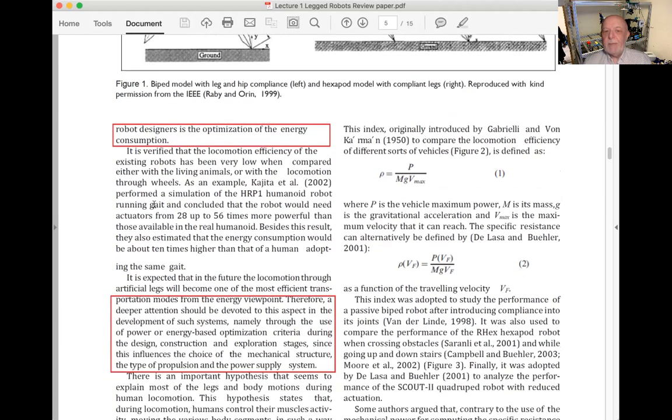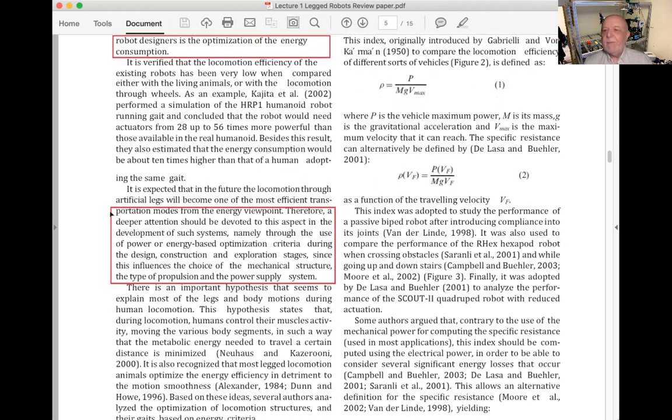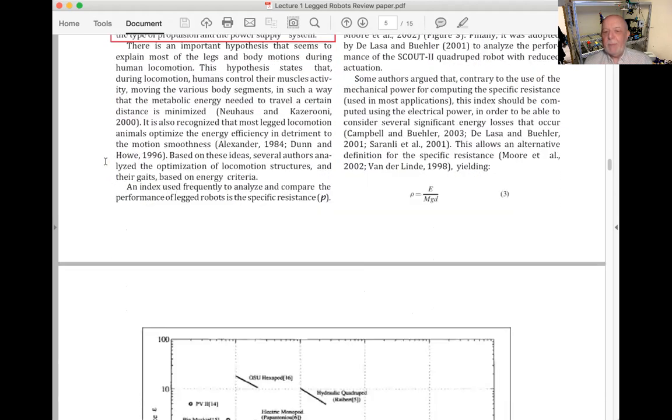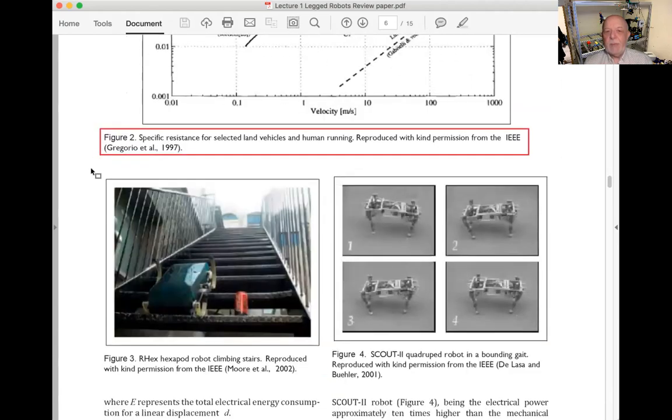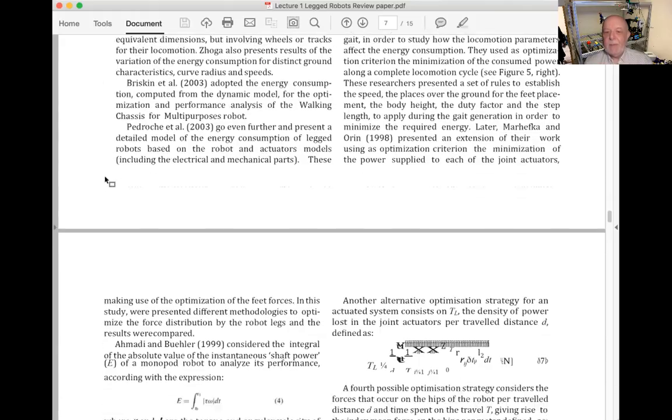So that's a generic problem which the authors of this paper have identified by reading all of these papers critically. I'm not going to go into a lot of detail on this one for now. We'll come back to it and I'll get you to read it later.